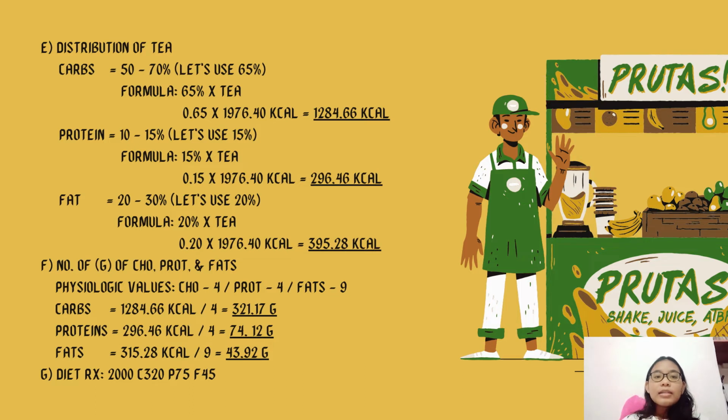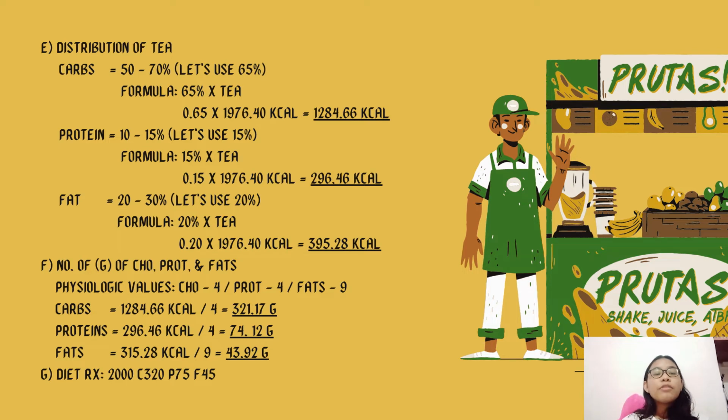Fat is 20% of T, which is 0.20 times 1,976.40 kilocalories and is equal to 395.28 kilocalories.